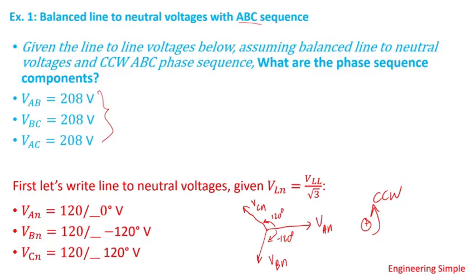The line to neutral voltage is the line to line voltage divided by square root of 3. So 208 divided by root of 3 is 120. So phase A to neutral voltage is 120.